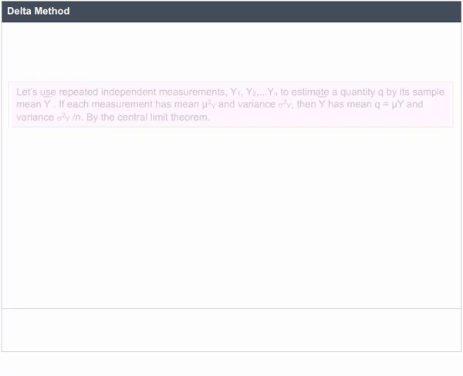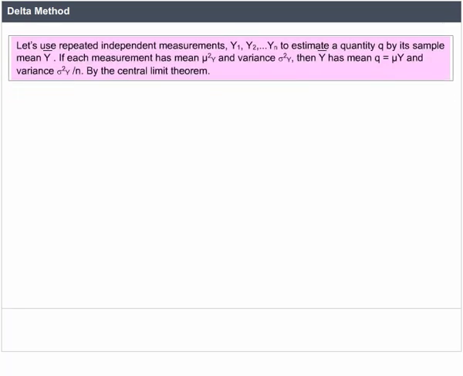Delta method. Let's use repeated independent measurements Y1, Y2, etc., Yn to estimate a quantity q by its sample mean Y bar. If each measurement has mean mu_y and variance sigma squared y, then Y bar has mean equal to mu_y and variance sigma squared y by n.